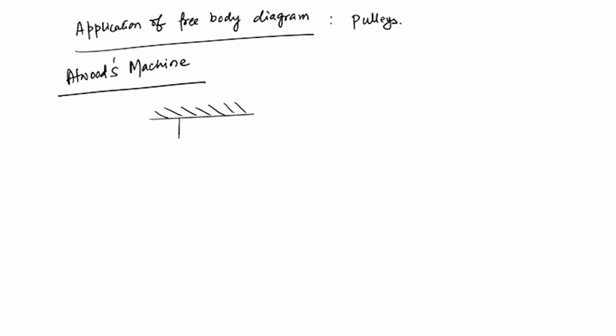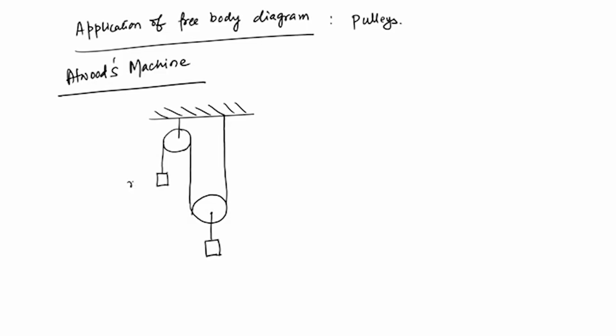So, this is a pulley here, and these are all massless pulleys, and the ropes are frictionless. Okay. And this one goes like this, and there is another pulley, and there is a mass hanging from this pulley, and this pulley is connected here. Okay. So, this is called the Atwood's machine.